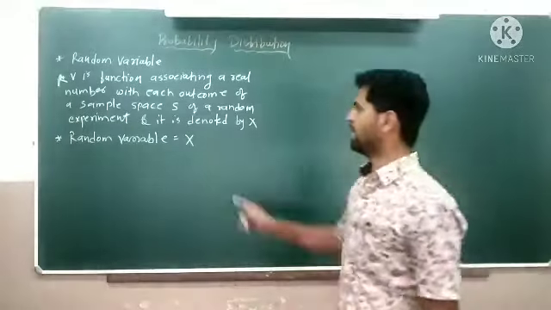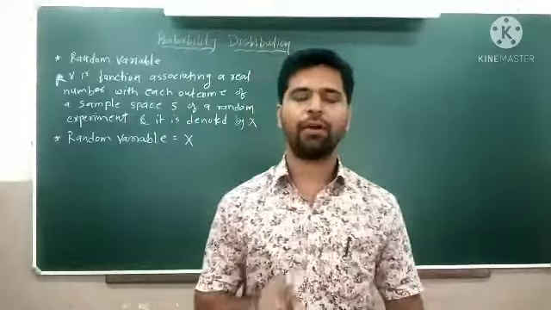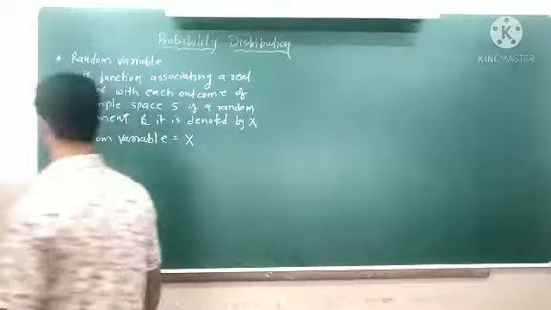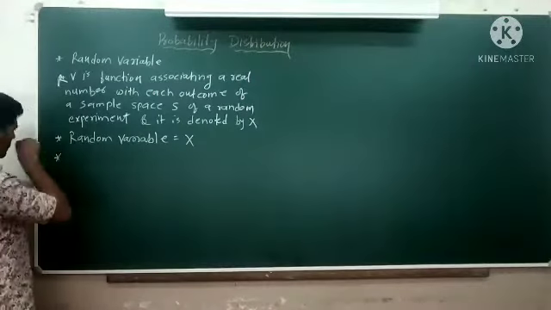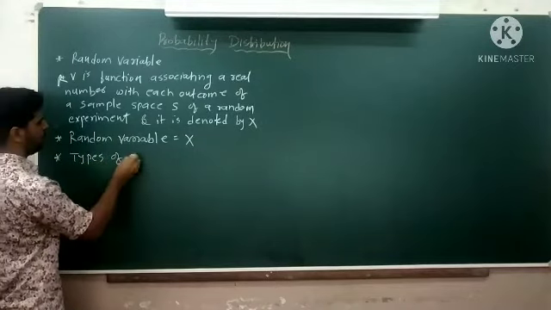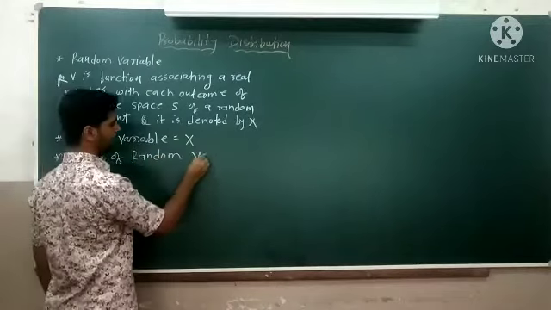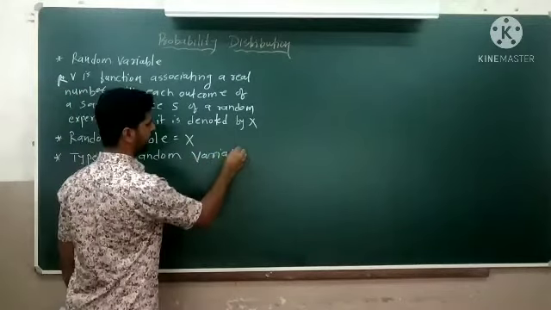So that is the random variable, which we denote by capital X. Now we have two types of random variable. The next point is types of random variables.